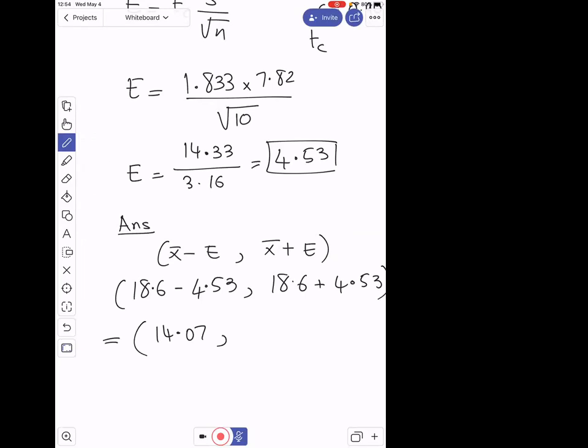And this is 23.13. Thank you. So that's your confidence interval.